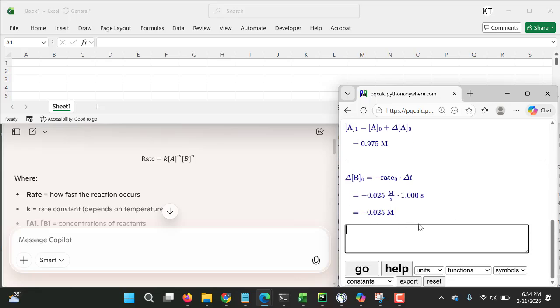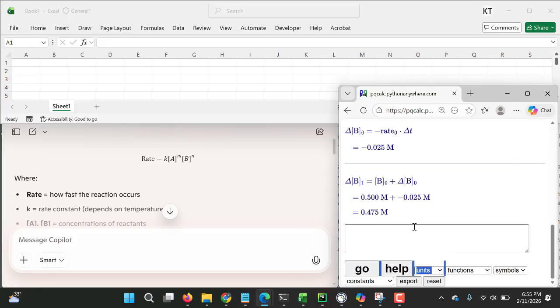Okay, and then just to finish this up, after 1 second has passed, we would expect that B is also smaller, so we have to take this B0, and we have to add the change, and of course the change is negative, so we also reduce the concentration of B. So both went down by this 0.025. Okay.